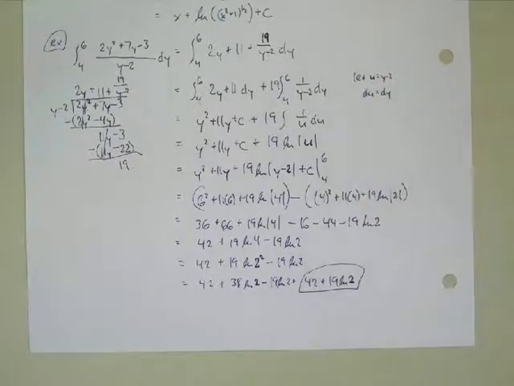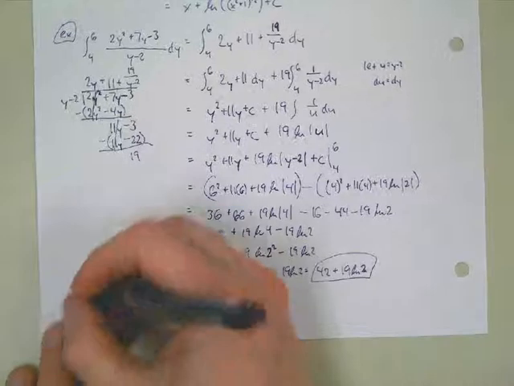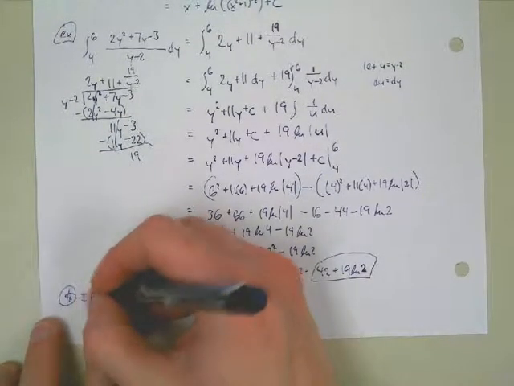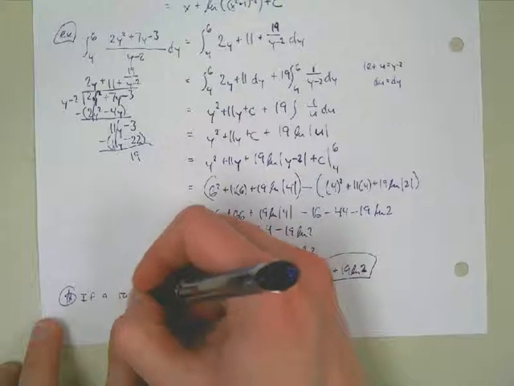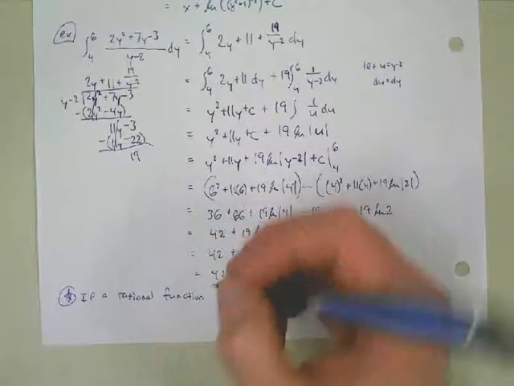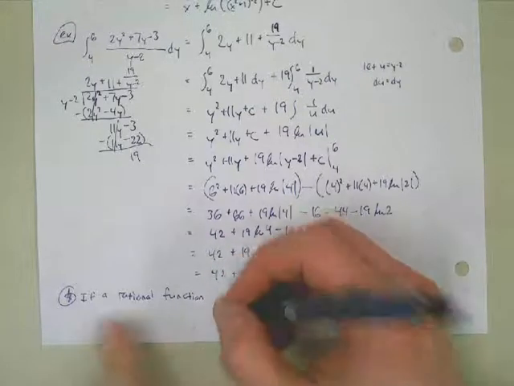So, the key to remember here, okay: if a rational function, so you know what I mean by a rational function, right? It's a function that's got a numerator and a denominator.